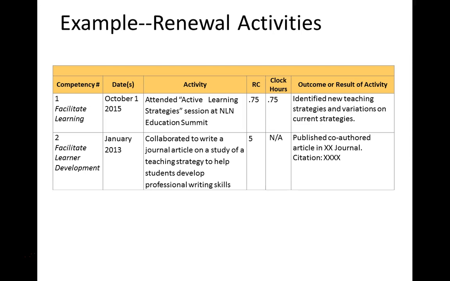In this case, it is 1-to-1, meaning the number of renewal credits is equal to the clock hours, 0.75 to 0.75. Item 2 reflects competency number 2, which is facilitate learner development and socialization. It counts the entire activity as 5 renewal credits without regard to the number of clock hours.